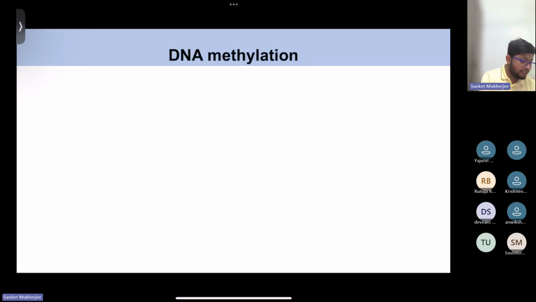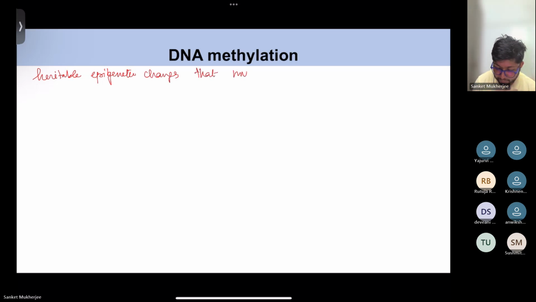Then there is DNA methylation. DNA methylation is a heritable epigenetic change that involves transfer of methyl groups. Okay, that is DNA methylation. What we mean by epigenetic is, any kind of genetic change is a change in the DNA.